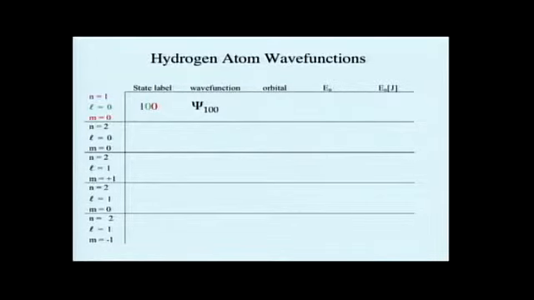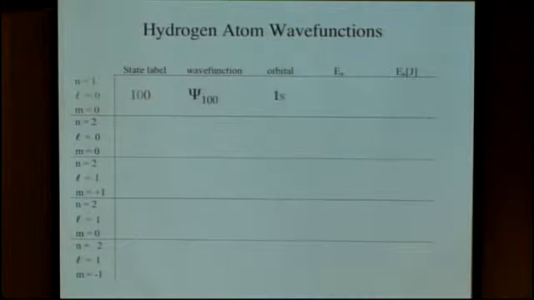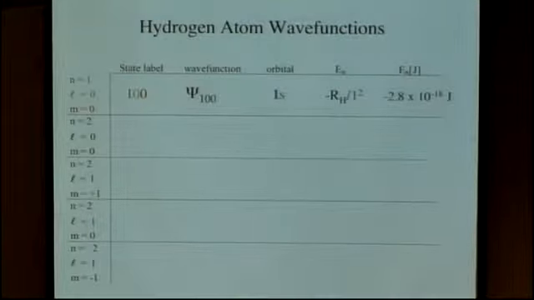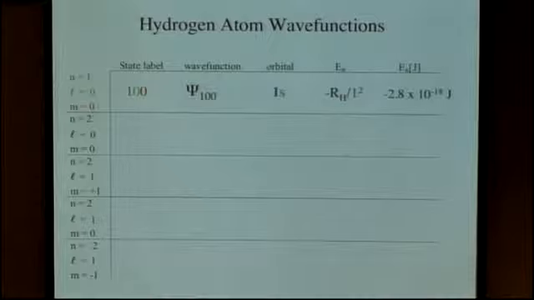We said that's the 1s orbital. We also know how to figure out the energy of this orbital using this formula here, which was the binding energy, negative RH. And instead of n, we can plug in n equals 1, so over 1 squared. And the actual energy is here.